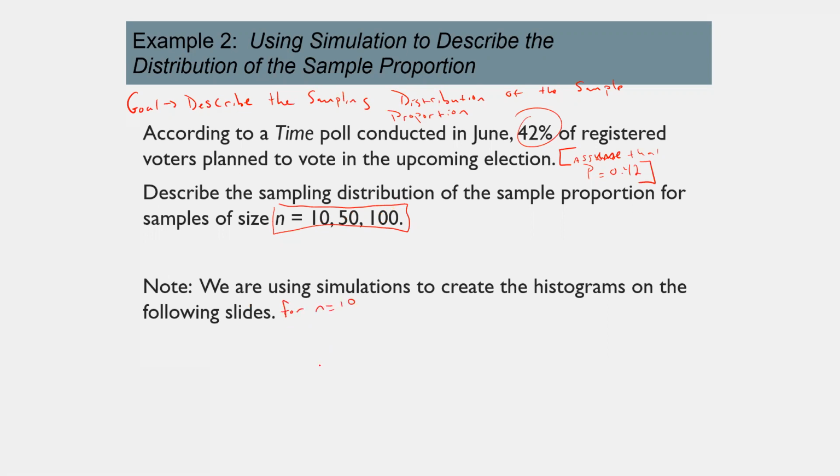So for sample size 10, sample 1, I'm going to call 10 people and compute a p hat for that. Then I'm going to do this 300 times.